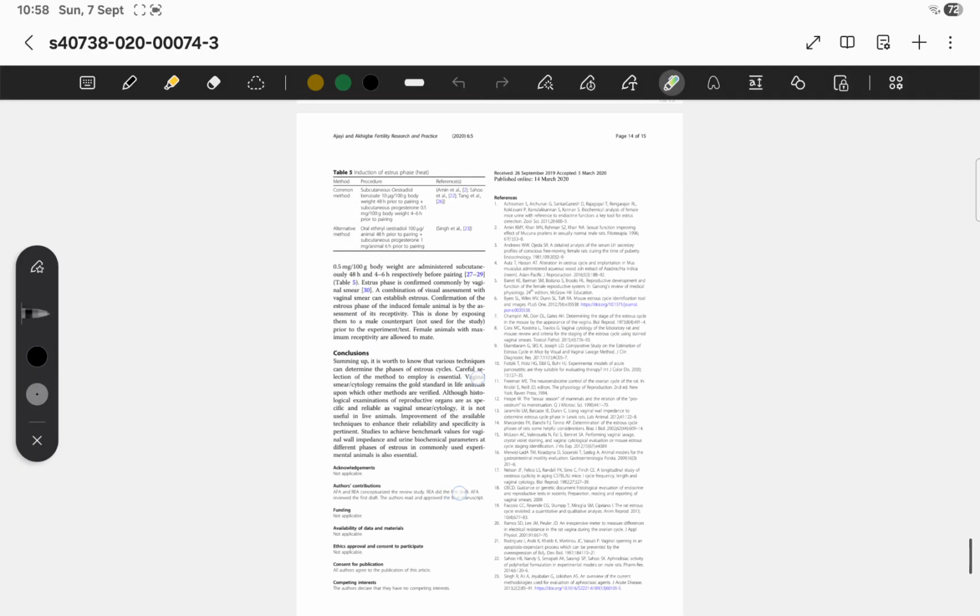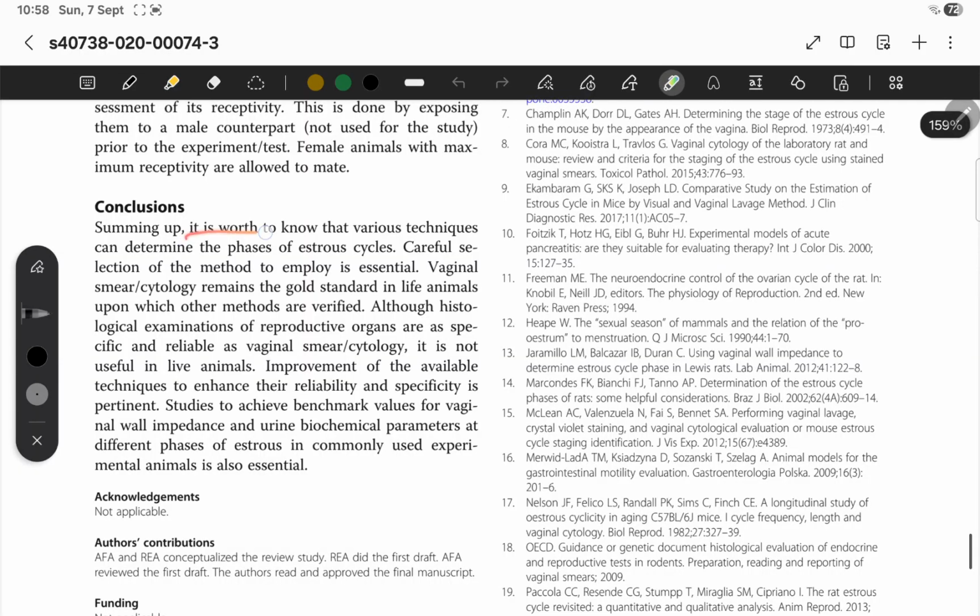Summing up, it is worth knowing that various techniques can determine the phase of the estrous cycle. Careful selection of the method employed is very essential. Vaginal smear cytology remains the standard in live animals, upon which other methods are verified.